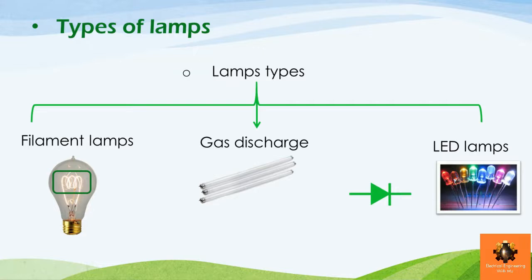It's a diode consisting of two terminals, the anode and the cathode. The electric current moves in a specific direction from the anode to the cathode, and under that condition the lamp starts to light up with a specific color according to the wavelength of the produced light.